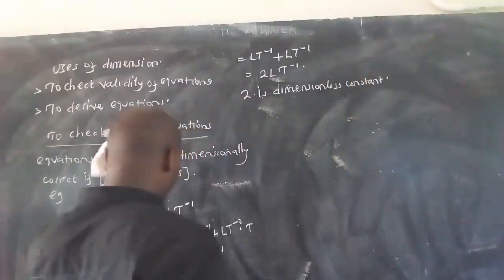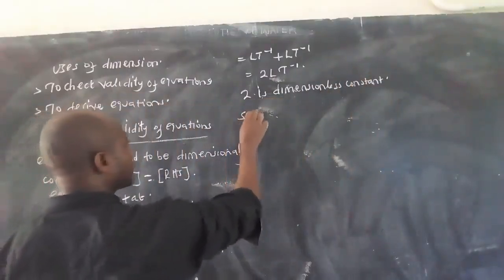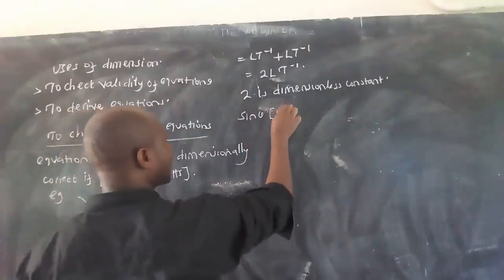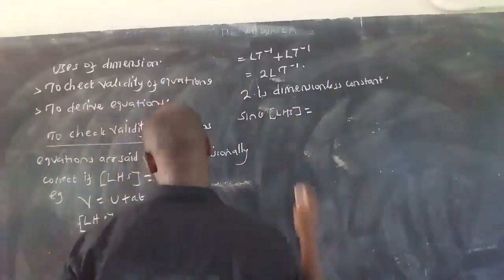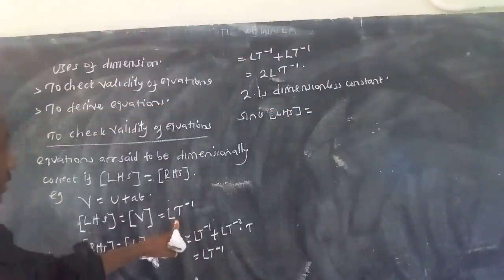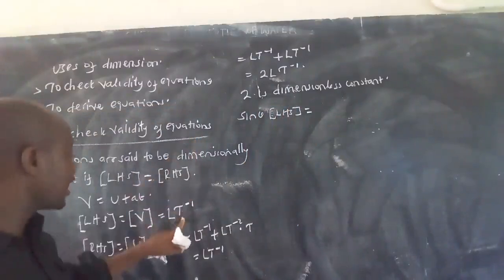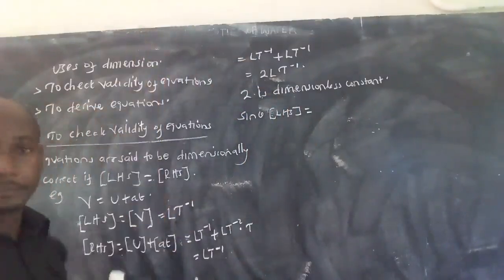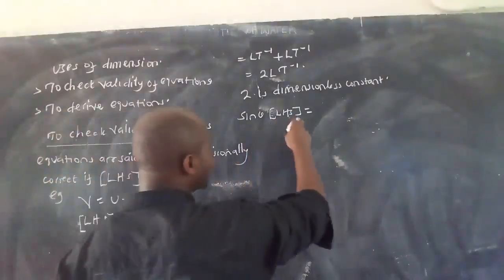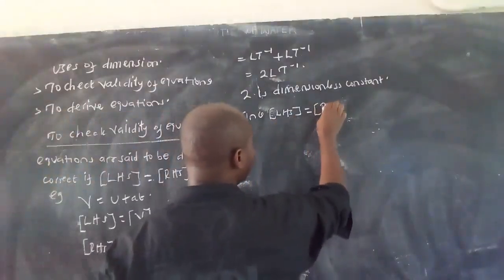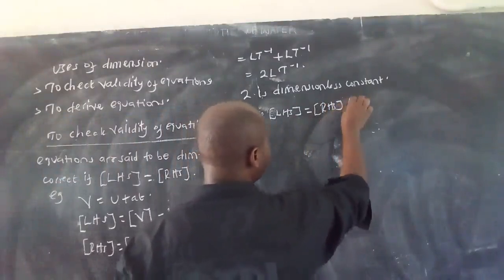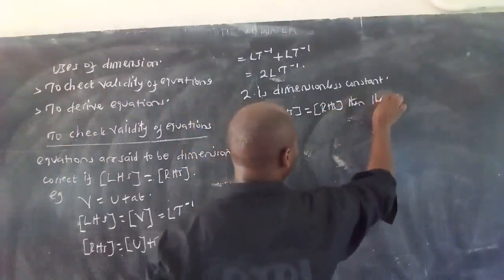Then if that's the case, we shall say that since the dimensions of the left hand side are equal to the dimensions of the right hand side, they are the same. So since dimensions of left hand side equals dimensions of right hand side, then the equation is what?